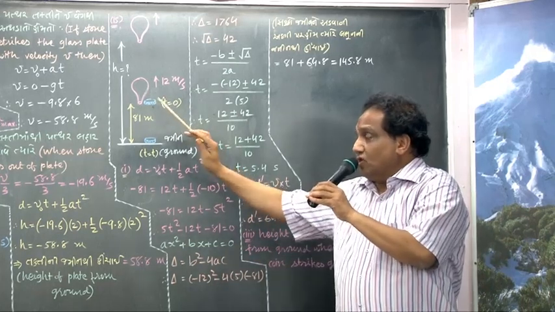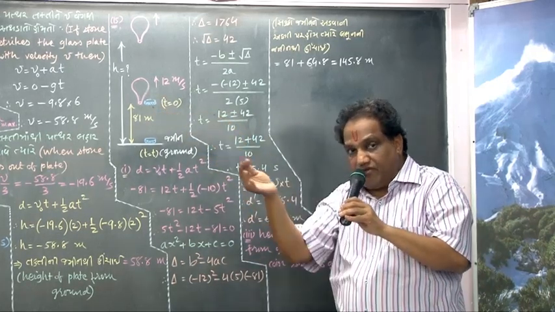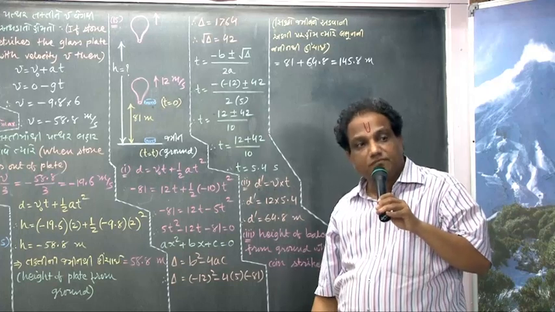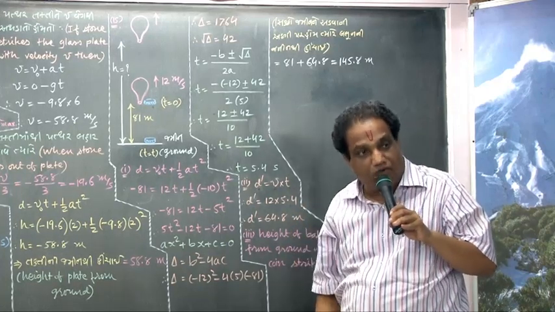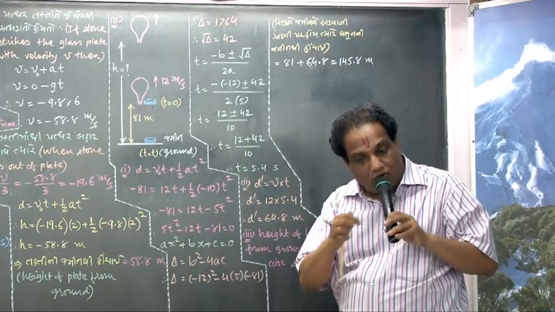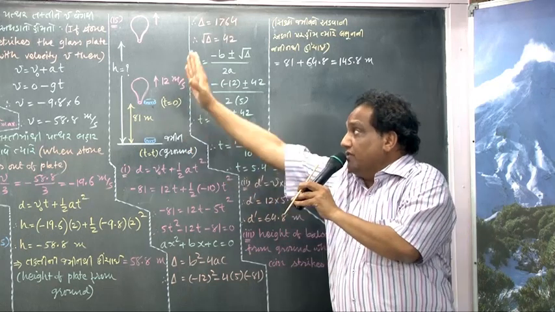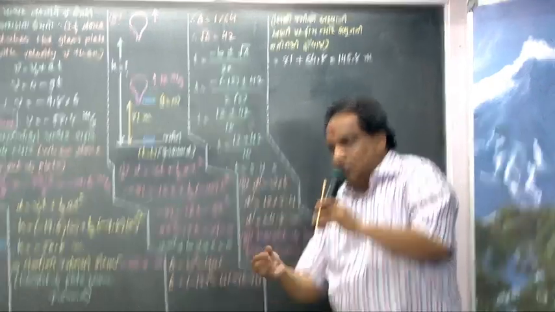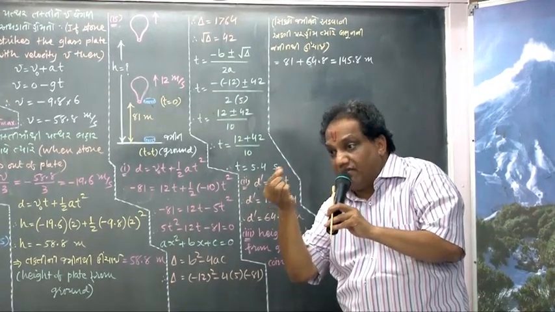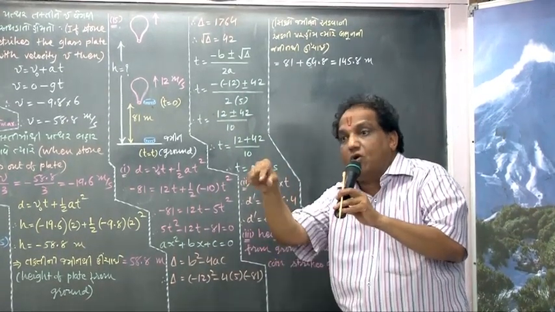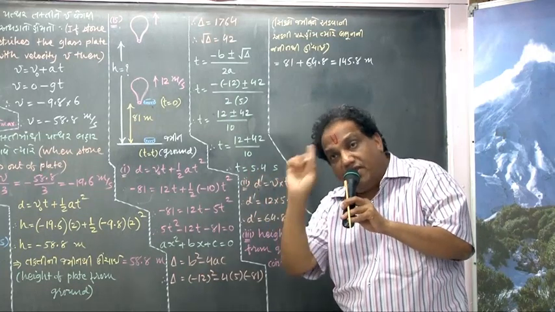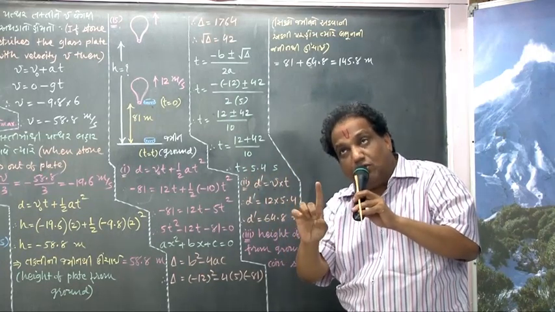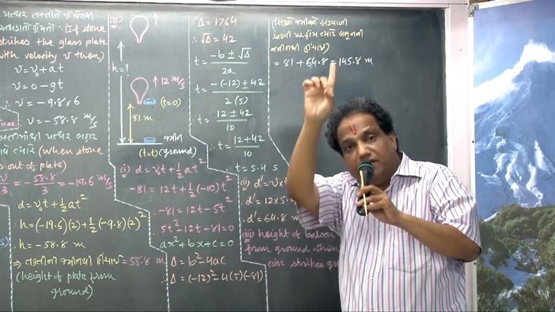When this coin was not dropped, where was it? In the balloon. And the whole balloon was moving with velocity. So every part of that balloon, including the coin, every body inside the balloon had velocity vertically upwards.